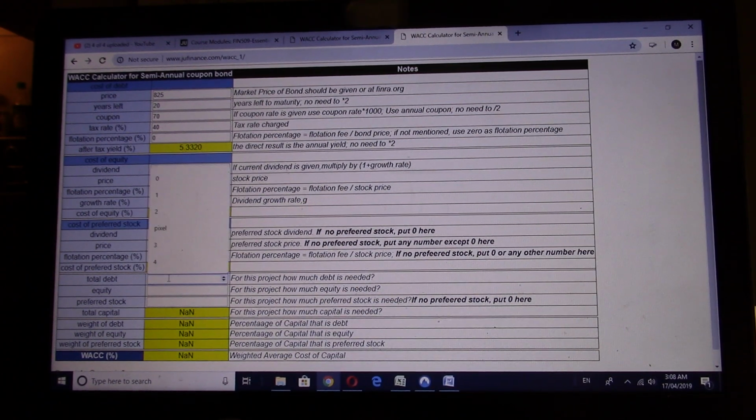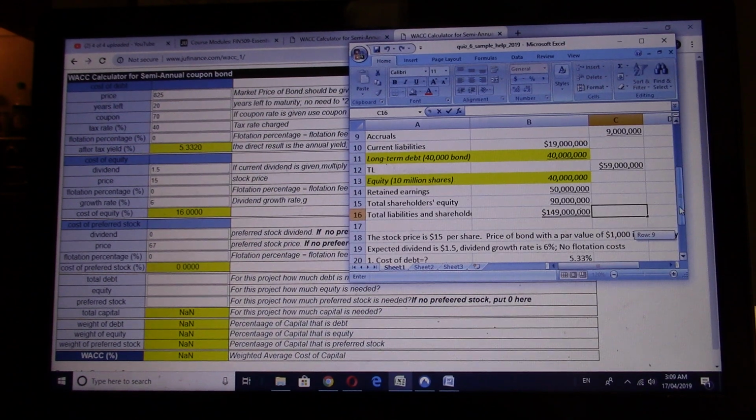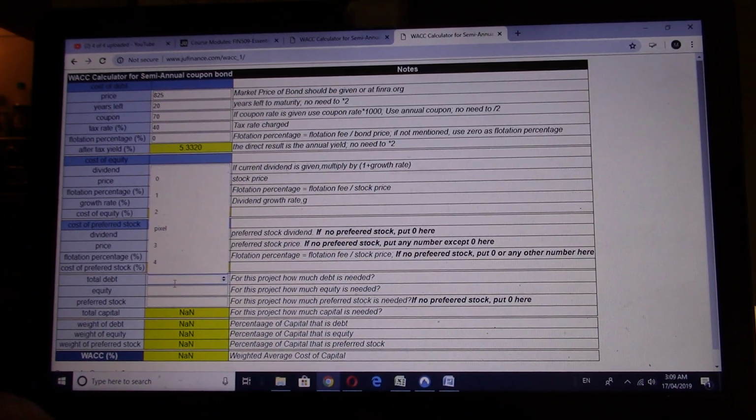For total debt, you should put something based on the information here. So total debt should be 40 million. So you put down 40 million.